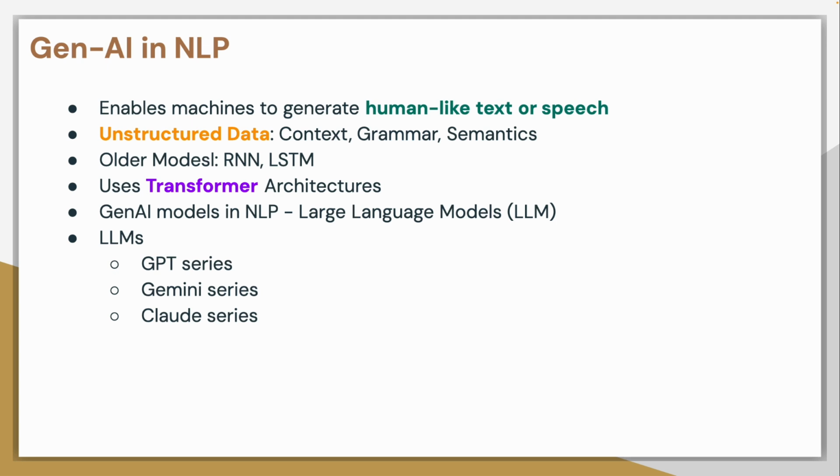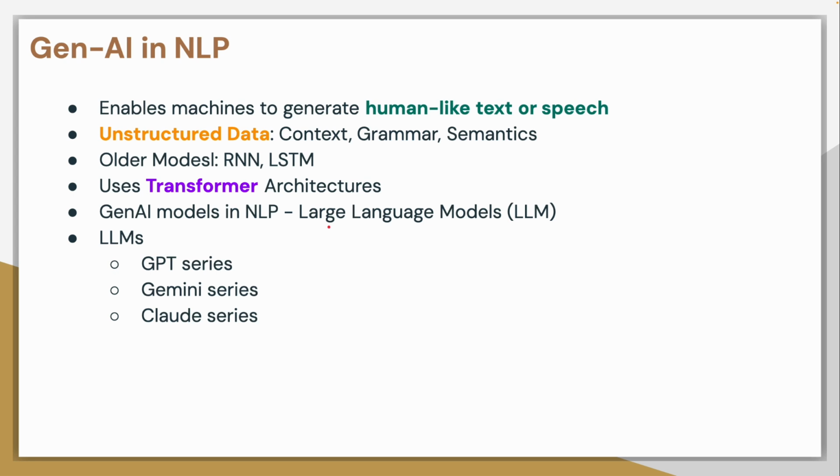So all the models which are coming up or have already come are based on the transformer architecture. In the natural language processing context, these models are called large language models. Because it is NLP, these are language models, and you interact with these models in the form of text. These are large models because they can handle a huge amount of data.